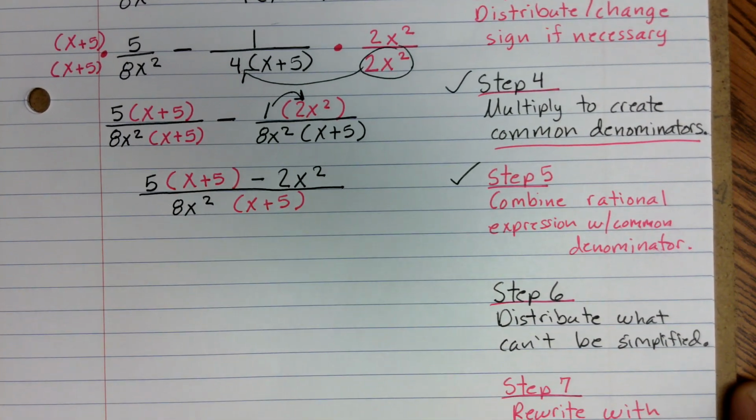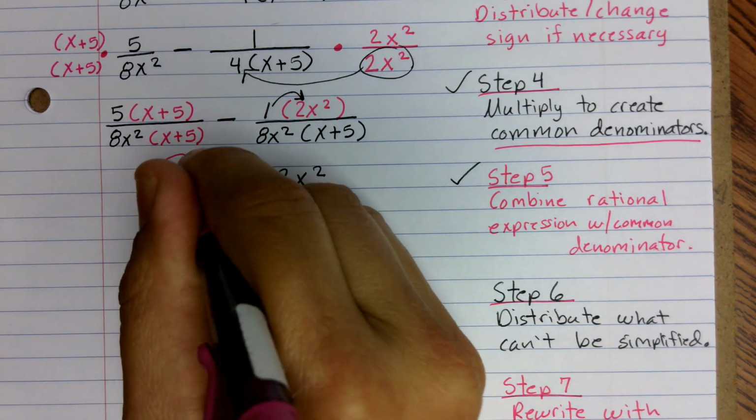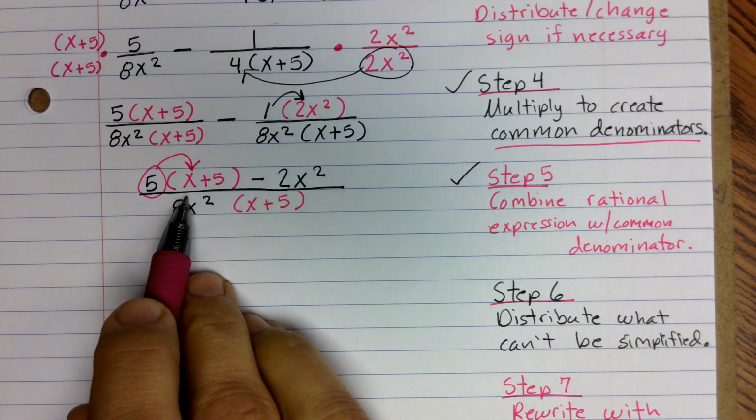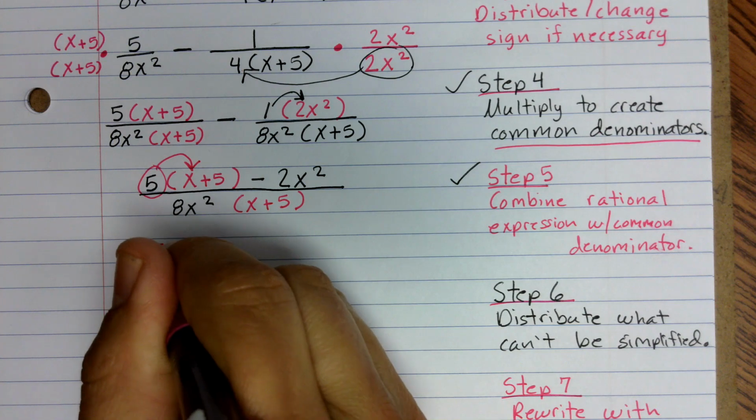So let's go ahead and go to step 6. In step 6, we're going to distribute what can't be simplified. So anything that can't be simplified, we want to distribute at this point. I'm going to take this 5, circle it, and multiply it to this value of x. And that's going to give me 5x.